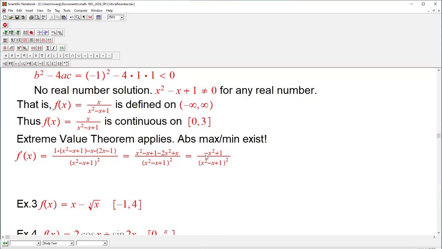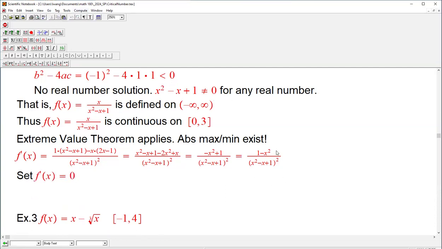So we basically have negative x squared plus 1. If you like to write it differently, you can switch these two by bringing 1 in the front. So 1 minus that. And next, we're going to set the entire derivative equal to 0.